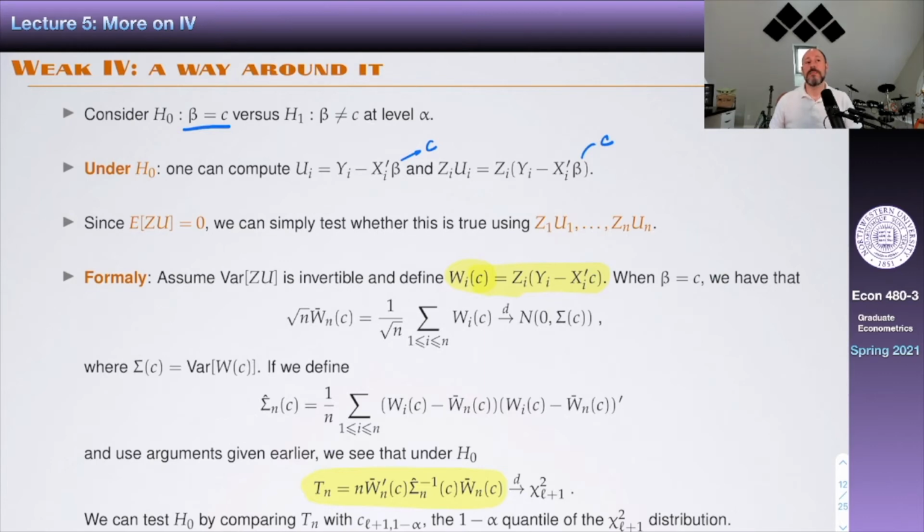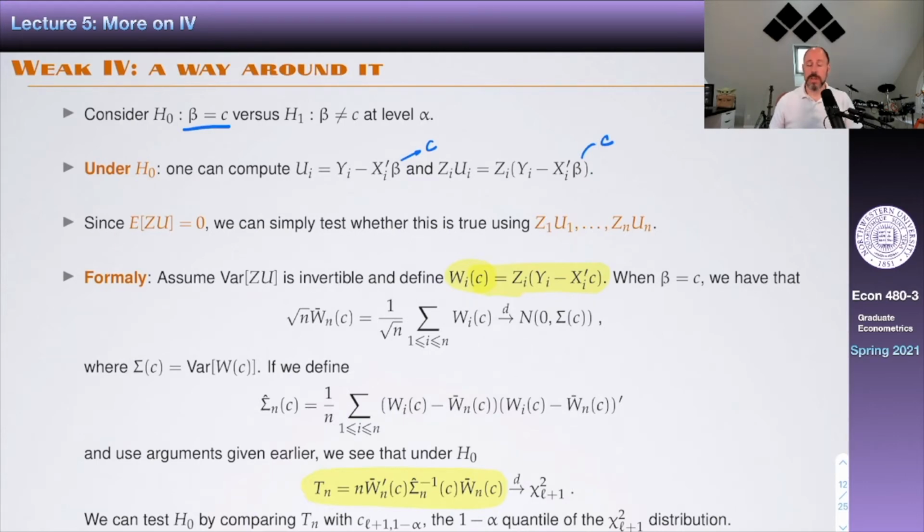And notice that nowhere in this derivation did I use the rank of X, or the correlation between the exogenous variable and the regressor at all. And that's why this derivation, and this way of testing this null hypothesis, does not depend on whether the instrument is strong or not.